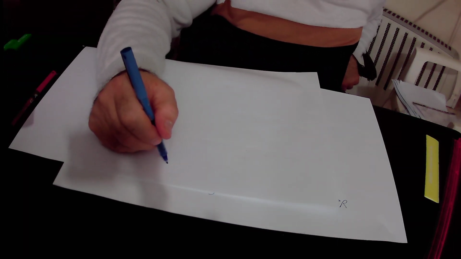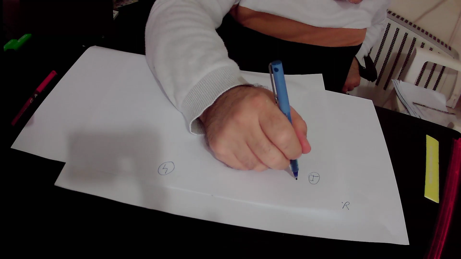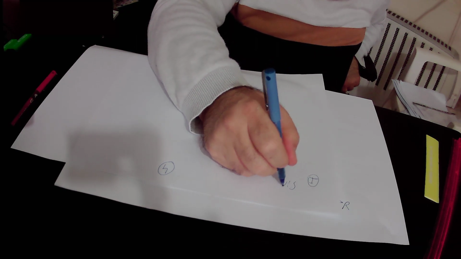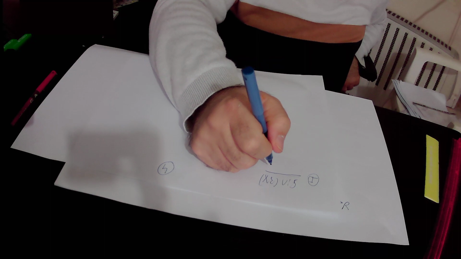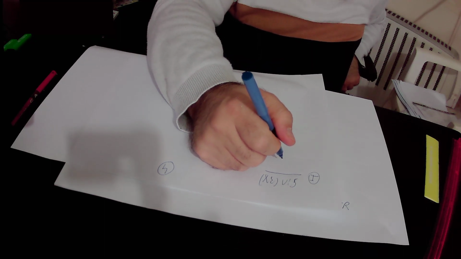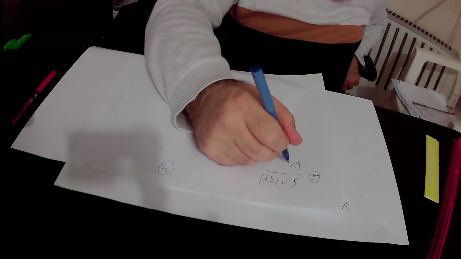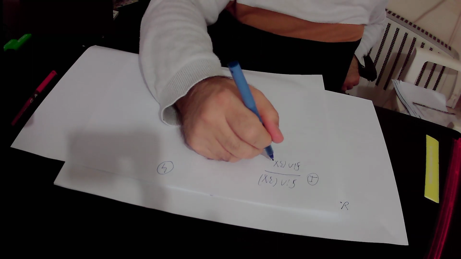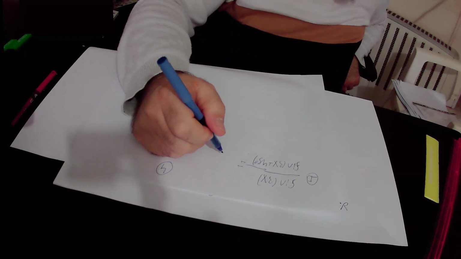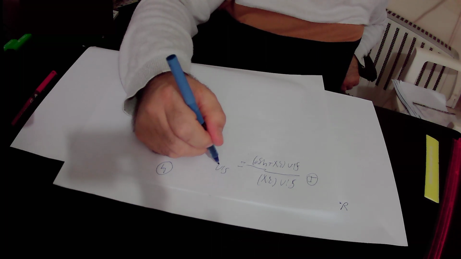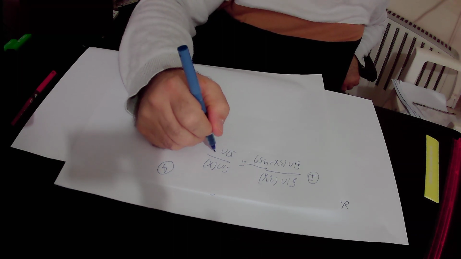according to equation number 1, sine 3x over sine (3x plus 45 degrees), that is sine alpha, equals sine x over sine (45 degrees minus x).